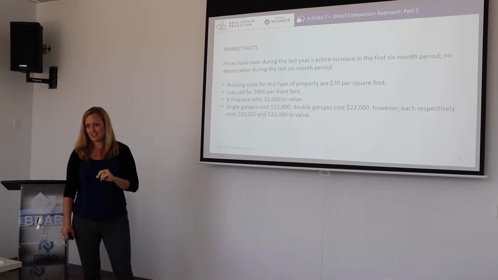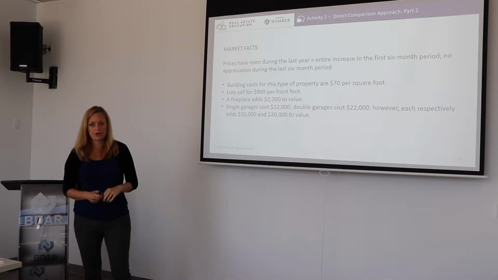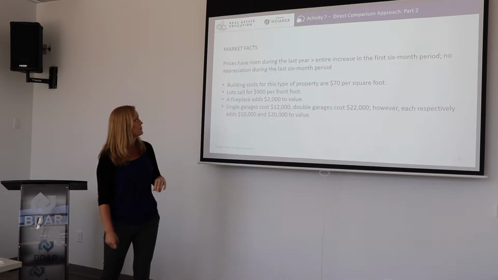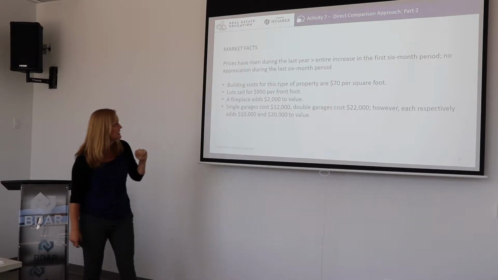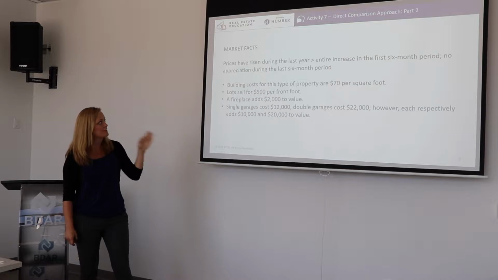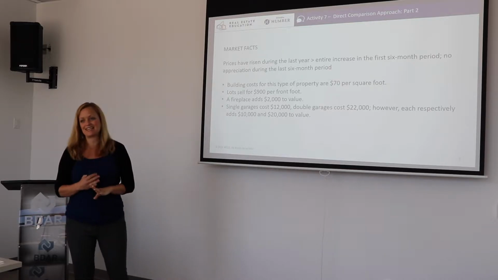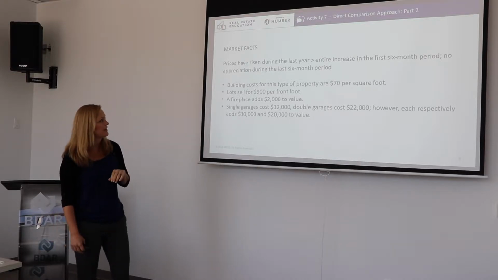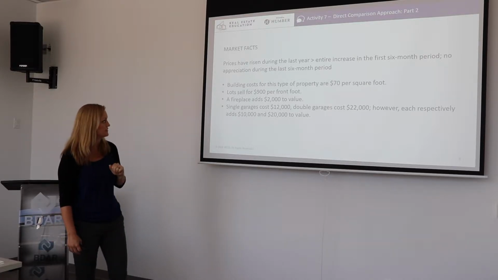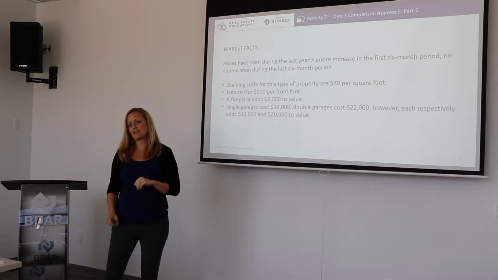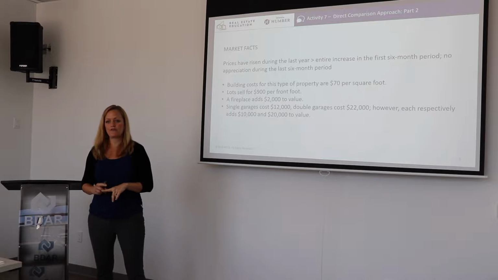Our market facts, and all of this is available in your book there, so you can follow along with me. Prices have risen during the last year, but only in the first 6 months of the last year. In the last 6 months, there's been no appreciation. Building costs for this type of property are $70 per square foot.